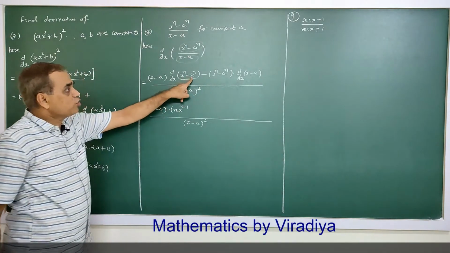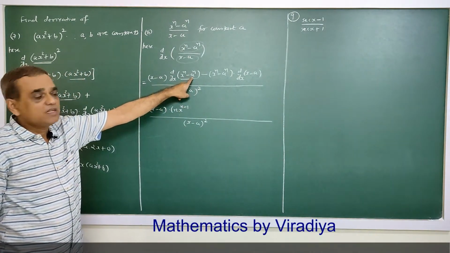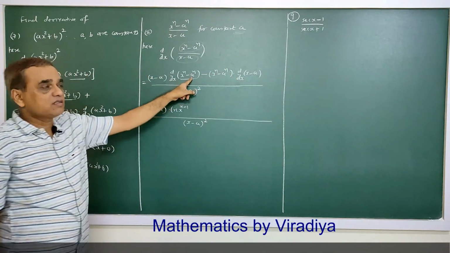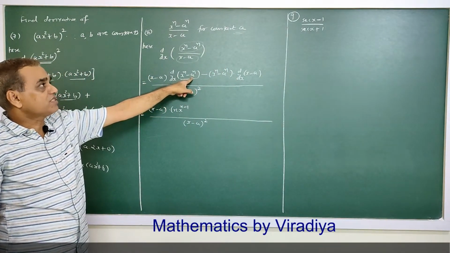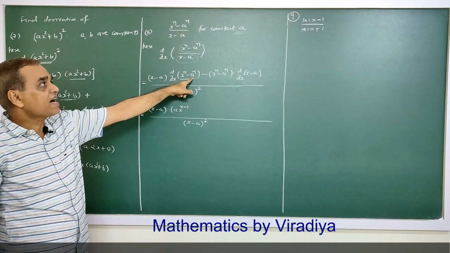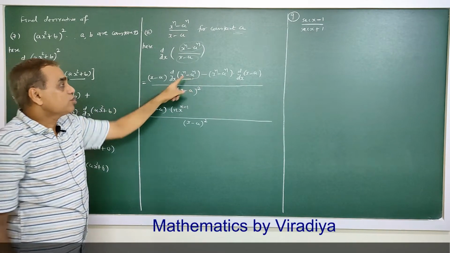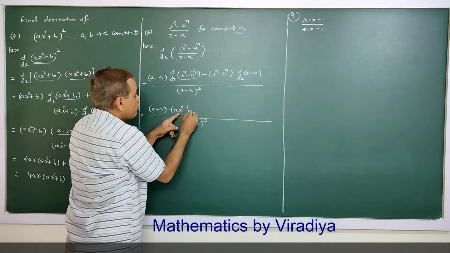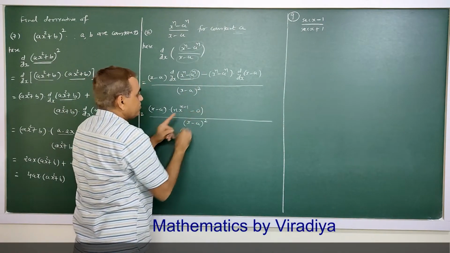Derivative of a raised to n: see, a is constant, n is also constant, a and n both are constants, so this is constant. So derivative of constant is 0.